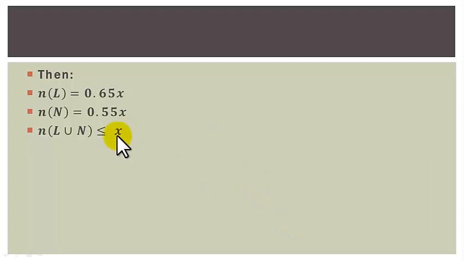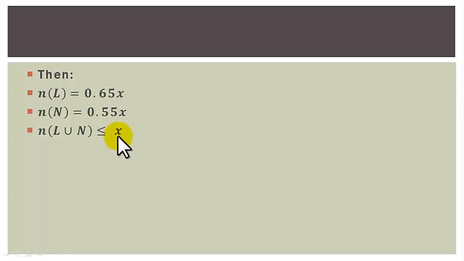Then the number of elements in L is equal to 0.65 times X. That's 65% of X. And the number of elements in N is 55% of X. That's 0.55 times X. The number of elements in L union N is less than or equal to X, since X represents the total number of voters in a state.